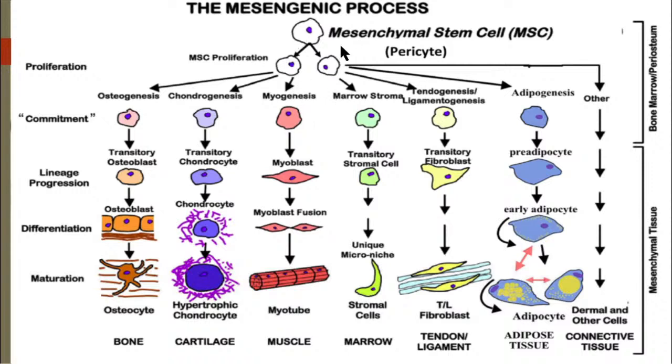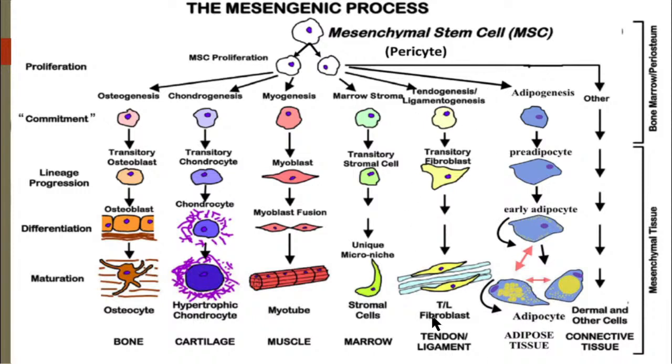Well, myogenesis. Myogenesis we will discuss in the next topic about muscle tissue, but it can also arise from mesenchymal cells, and we also see the bone marrow cells, which give rise to the formation of reticular stromal cells, reticular cells. And the main line of differentiation in this schematic diagram is tendinogenesis, ligamentogenesis, the formation of tendons and ligaments.